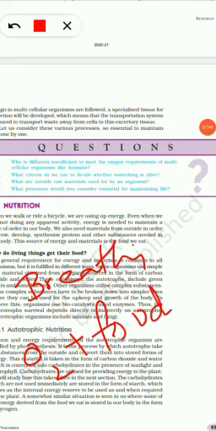What process would you consider essential for maintaining life? So you can list down all the life processes. All the 4 life processes that we studied, you can just list them down.